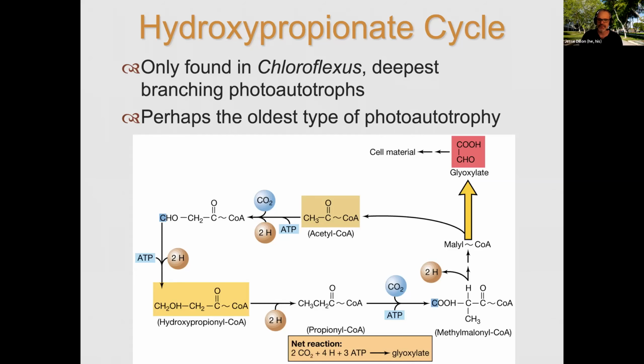I'm not going to go through all of this, but again, we have intermediates like acetyl-CoA. You're sticking carbons on. You have to input ATP to make that happen. Okay. And in this case, you end up with glyoxylate, a 2-carbon intermediate, which can then be used to couple together to make sugars or other cell material.